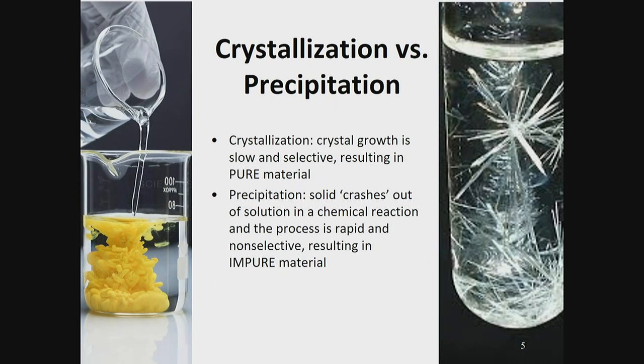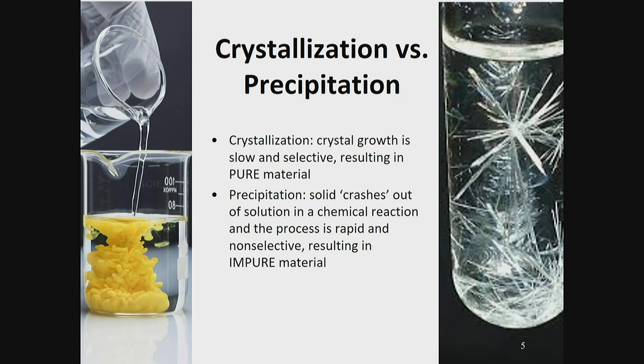So let's take a look at two different phenomena. We have crystallization. On the right, you can see these crystals, they're very fine, pointy, needle-like shape. I told you in the melting point presentation, when we talked about crystals, the more needle-like or the more geometric the shape of the crystal looks, the more pure it is.